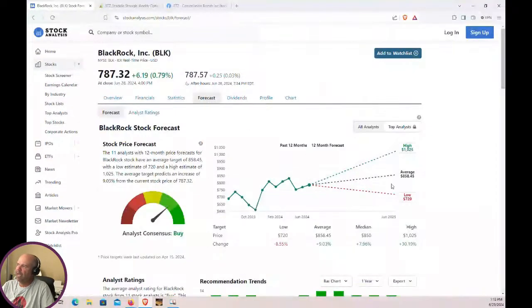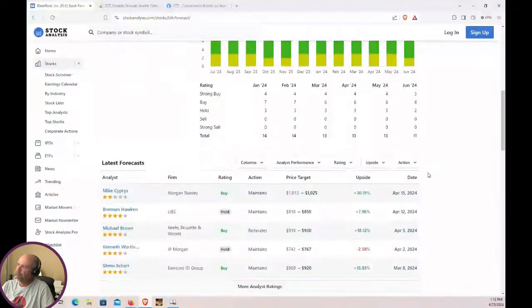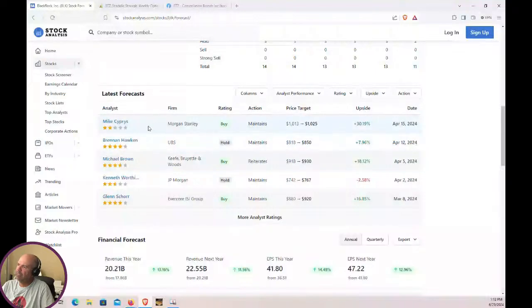Also I see the forecast. Now I've been looking at this high, average, and low. So I see the analysis over here, who's doing what, and what's the date also, because sometimes it could be old. 2023, this is the last earnings, April 15.